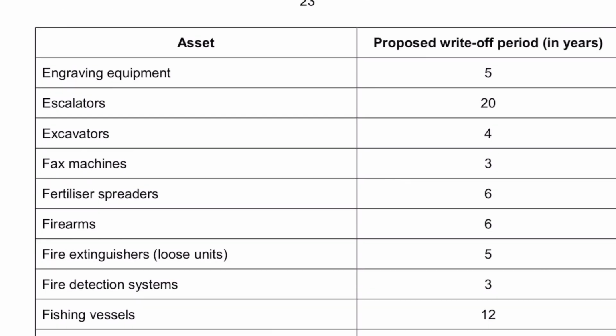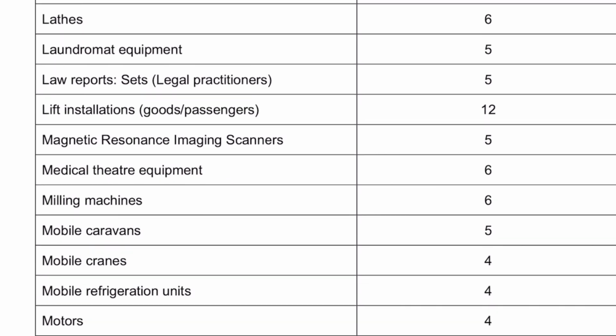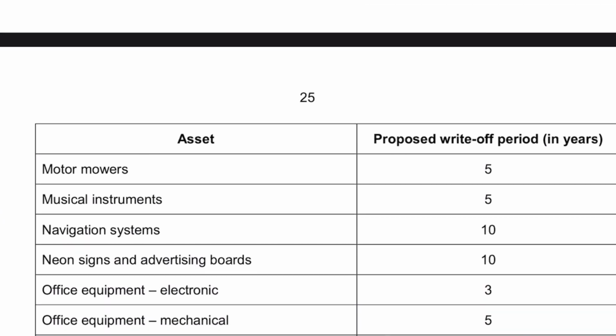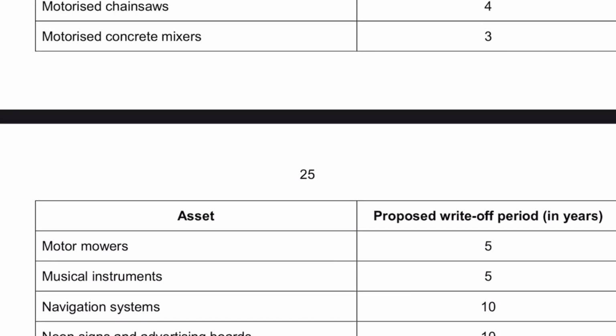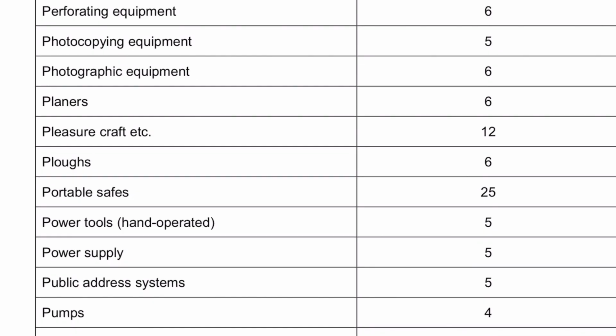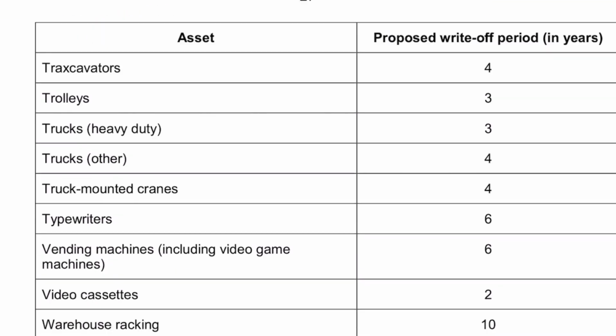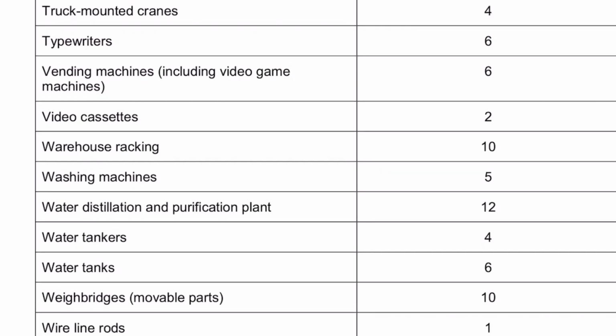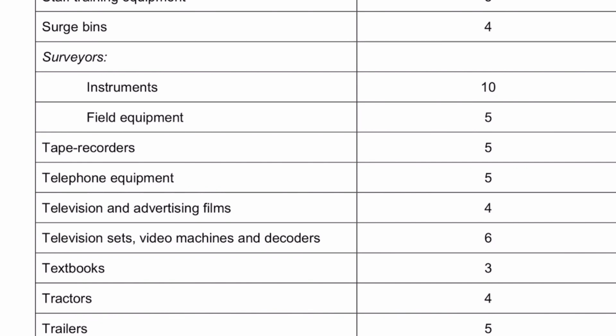What else? Let's go to motor vehicles. I don't know what they call it here. If you've got television equipment as well, you can write it off over the period of 4 years if it's for advertising.